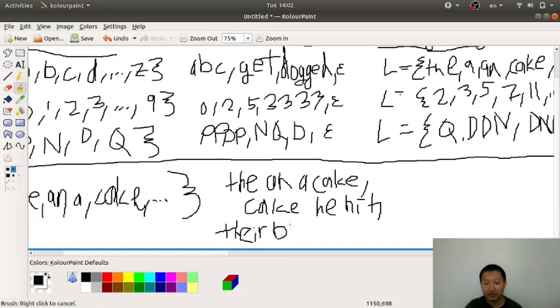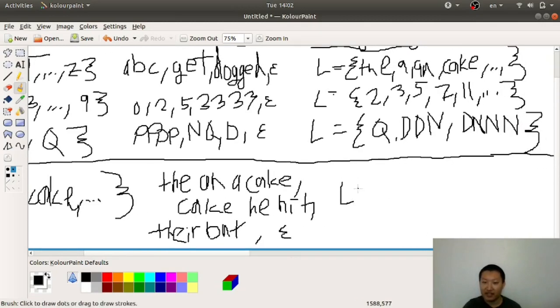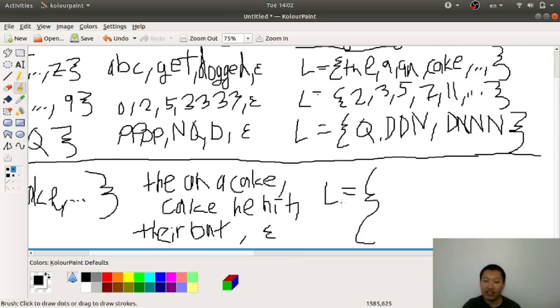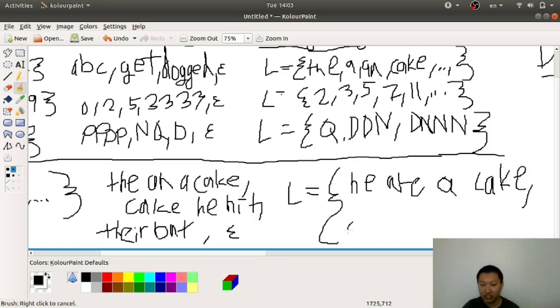Just any sequence of English words is a valid string under this framework. And you could have also, of course, the empty string. That's always another possibility. And the language we're going to consider is the language of all grammatically correct English sentences. So one example of something in this language would be, he ate a cake. That is a grammatically correct English sentence, so that would be in our language. Another example would be, she saw a bat.